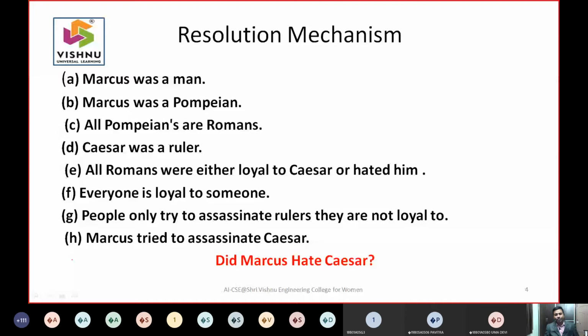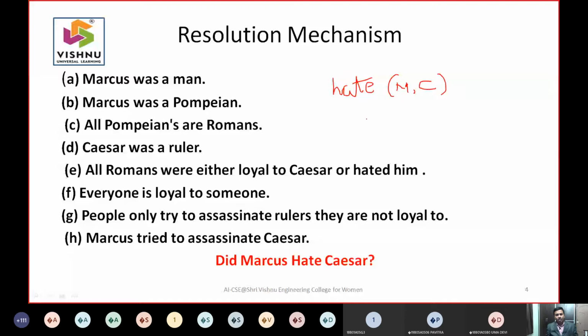When your inference is hate of, because we have something called a verb here, just a minute, I will take this part. If I have hate of Marcus, Caesar, that is what my inference is.